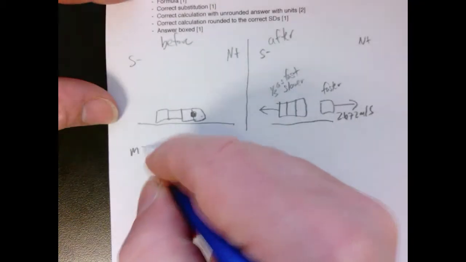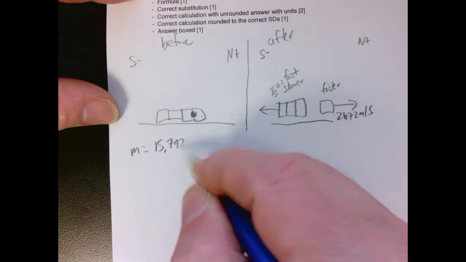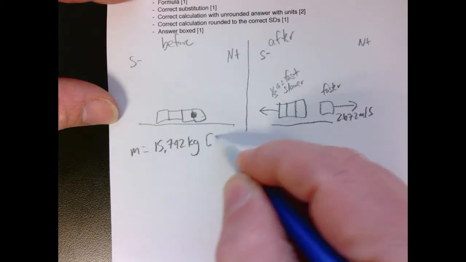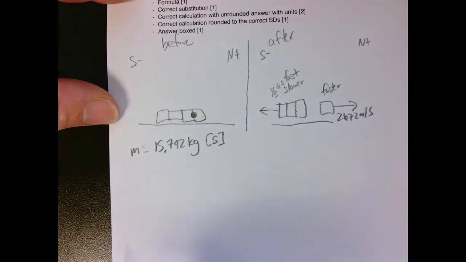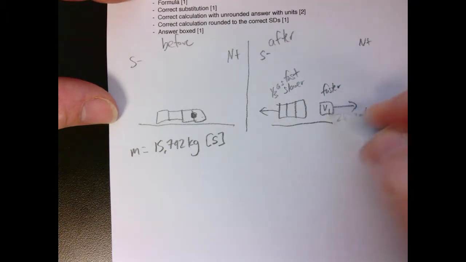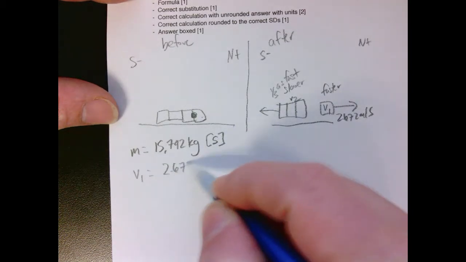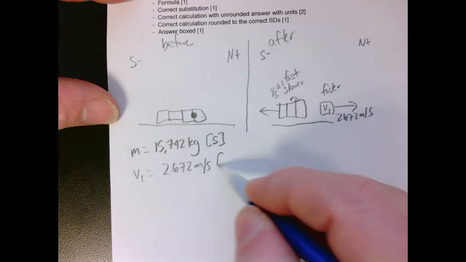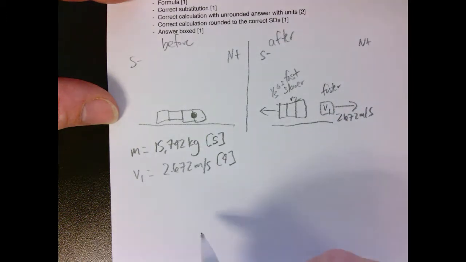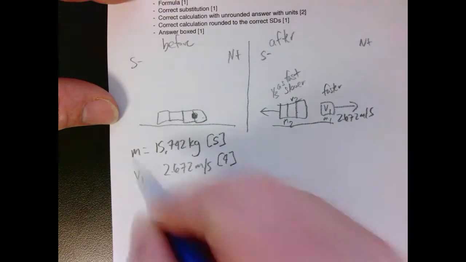Inventory, I have mass, which is 15,742 kilograms, which has 5 significant digits. And naming these, maybe we'll call this V1 and we'll call this V2. We know V1 is 2.672 meters per second, and that's with 4 digits. And we could call this M2 and this M1.